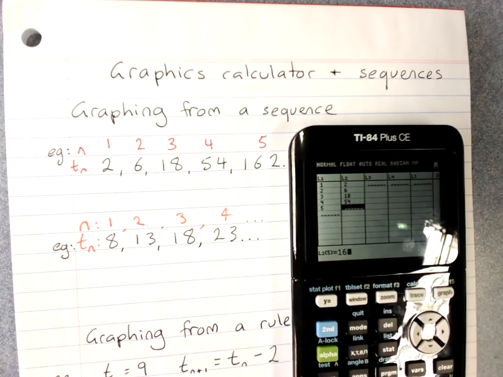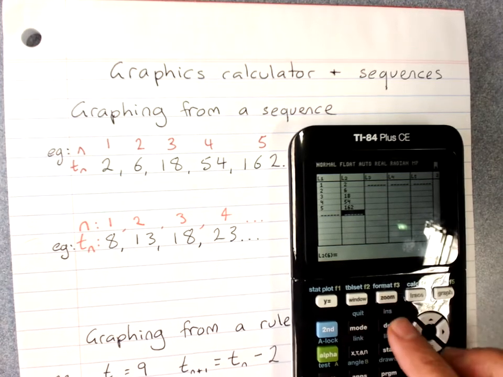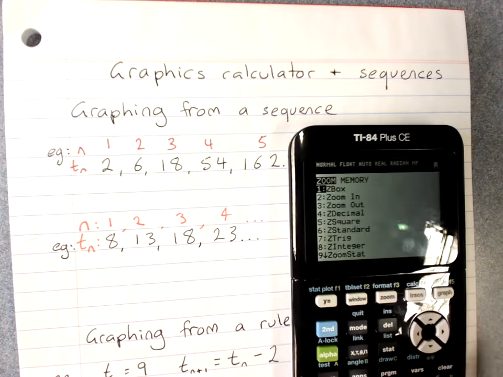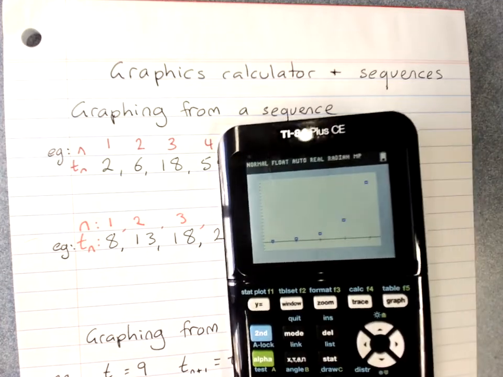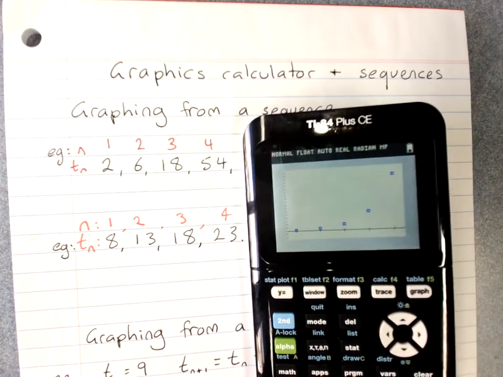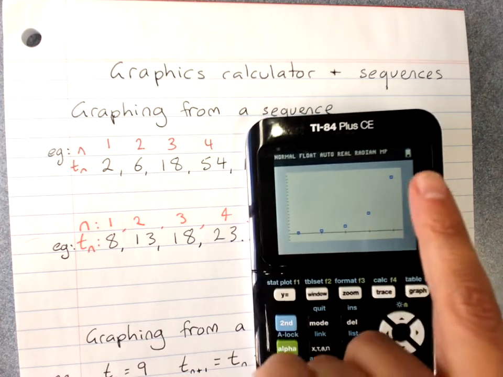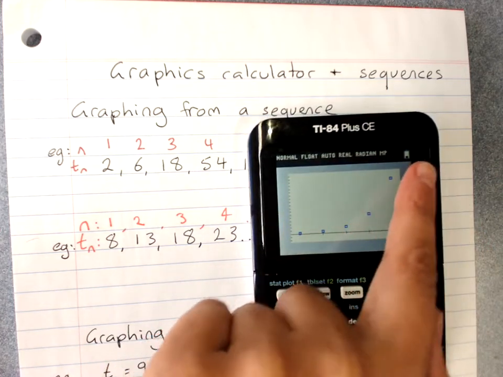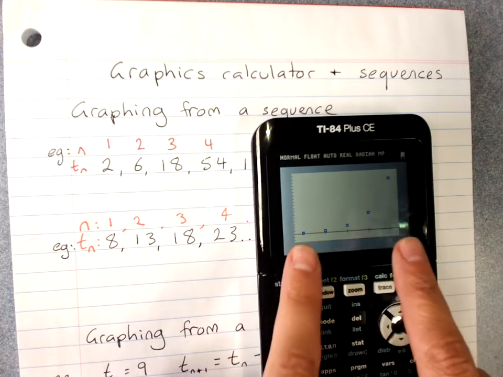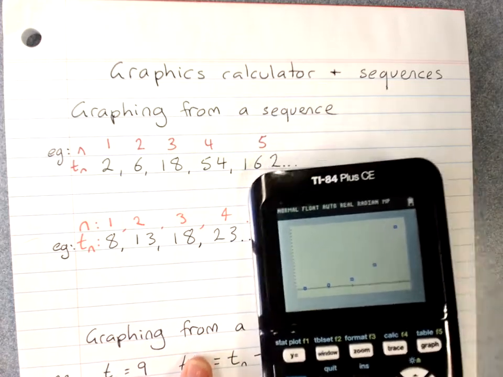Now it's pretty obvious that this is not arithmetic. And it's pretty obvious that it's not linear. This is a non-linear, but still positive, as n goes up, tn goes up, relationship.